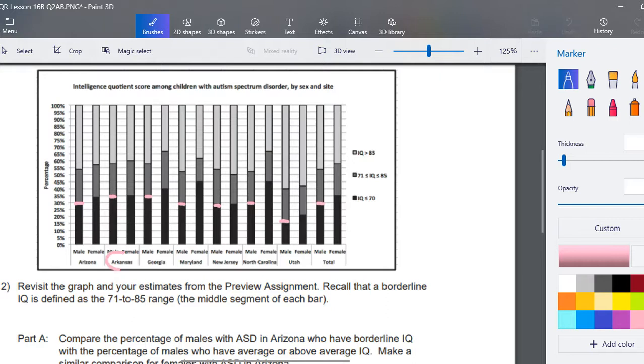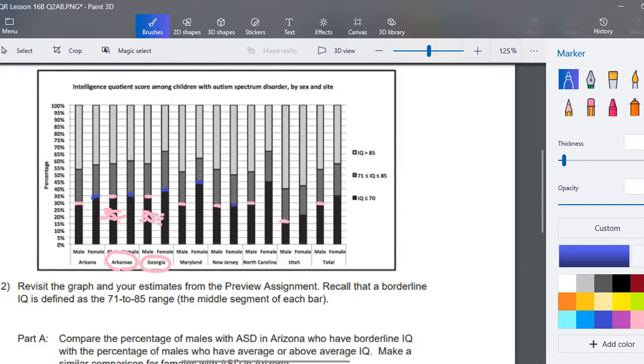And it looks like these two are very close, and it looks like we're around 35%. So the answer to the A part of part C is that it looks like Arkansas and Georgia have males with the highest percentage of intellectual disabilities. They want us to now also look for females, and so I'm going to do those in a different color.